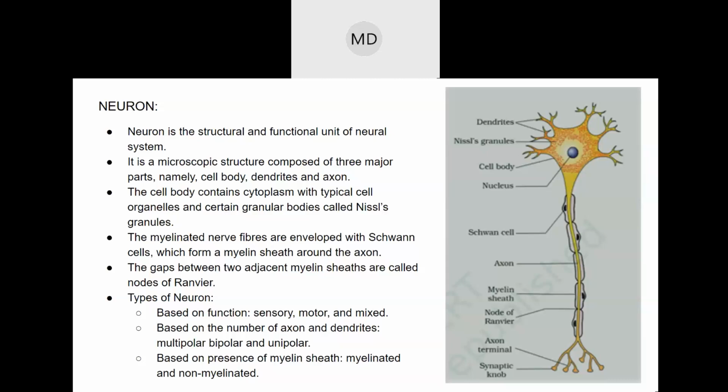They meet and form a zygote, a single cell. Two cells fuse together and form a single cell, known as a zygote. That is the starting of life, of a creature or a species, from a single cell, right? That is why the cell is known as the structural and functional unit of life.